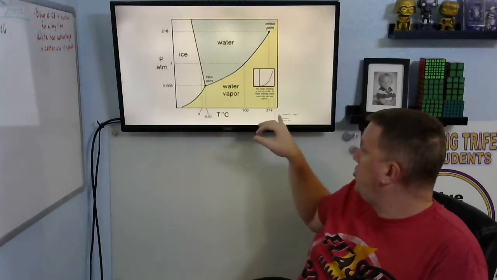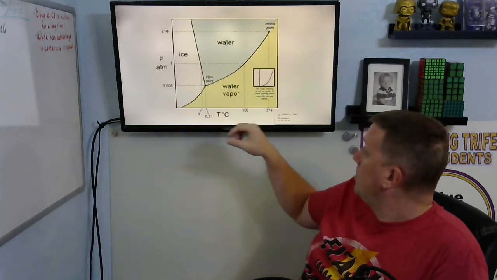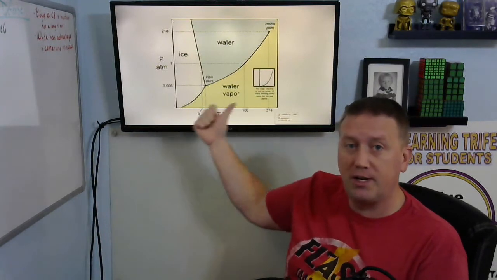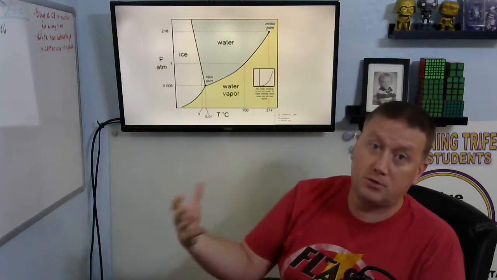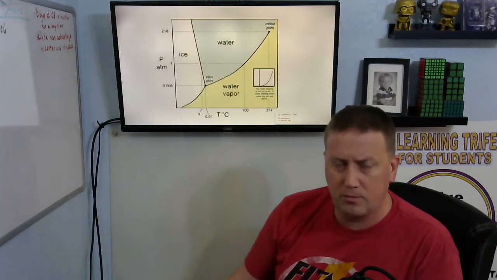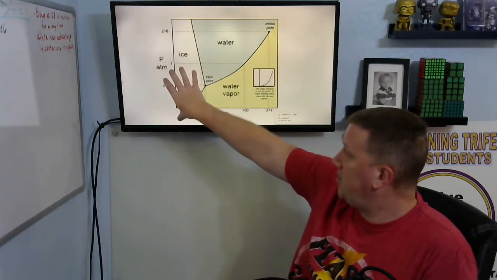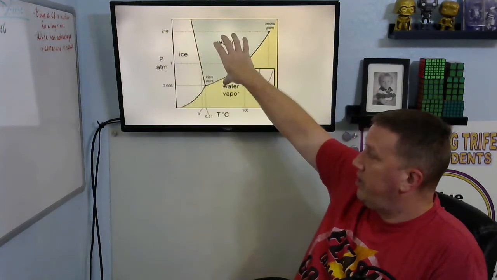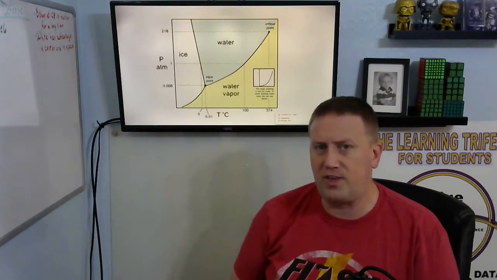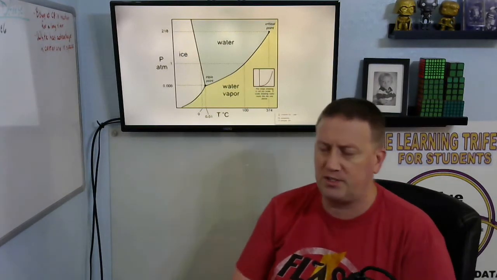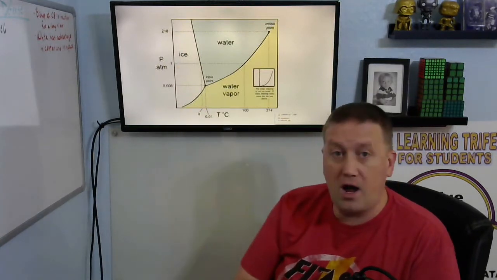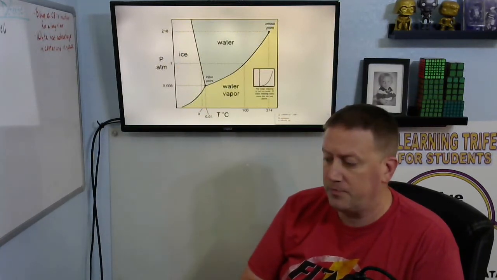So with Celsius as our temperature, as temperature increases, we have the change in the phase that we saw with the last diagram. It starts off as solid, moves to liquid, and then to a gas. Now, the thing about the triple point is that it works in the variable of pressure.